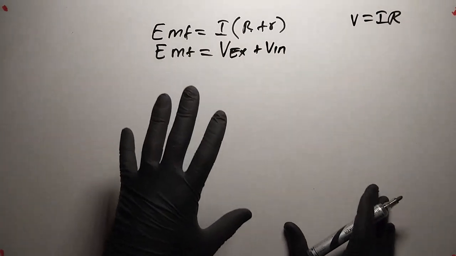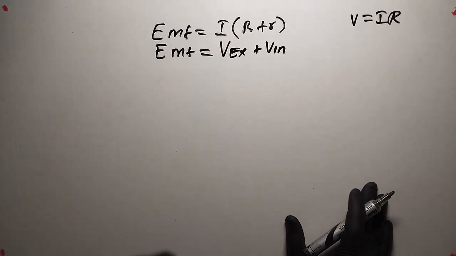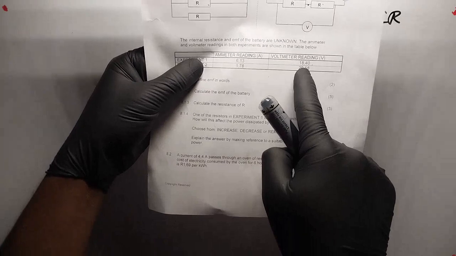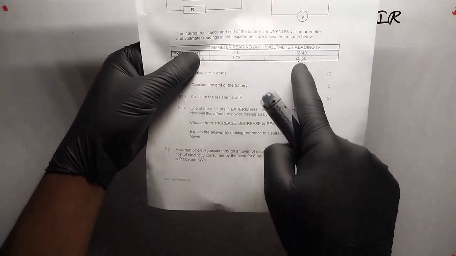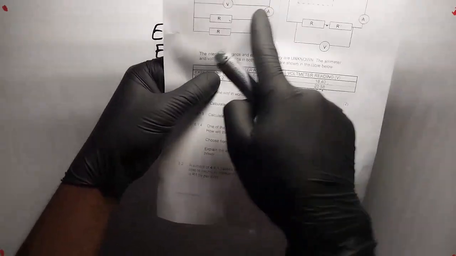Now we need to create two equations. We're going to create one for experiment 1, because we already have the external voltage when the circuits are operating.